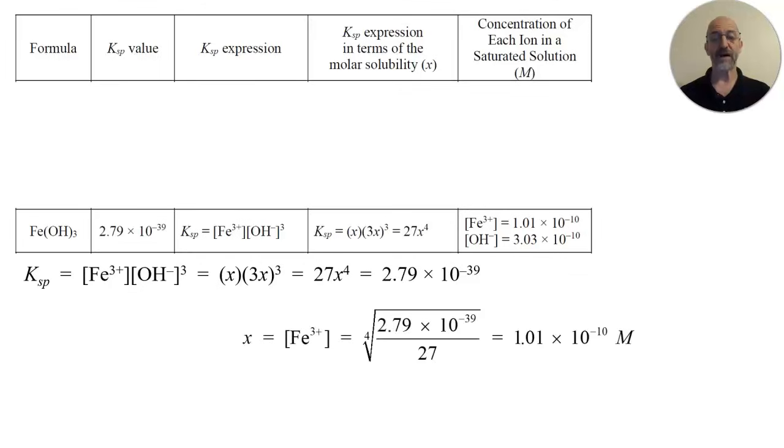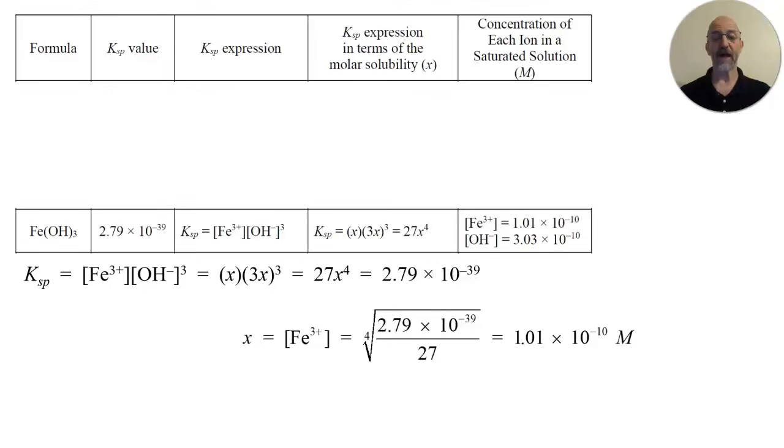Now I had to divide by 27 and then take the fourth root. You can also just raise that quantity to the 1/4 power on your calculator as opposed to finding some fourth root button. So I could take 2.79 times 10 to the negative 39, which is the Ksp, divide by 27, and then I would take that quantity and raise it to the 1/4 power.